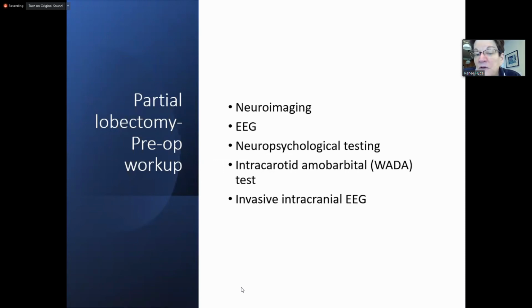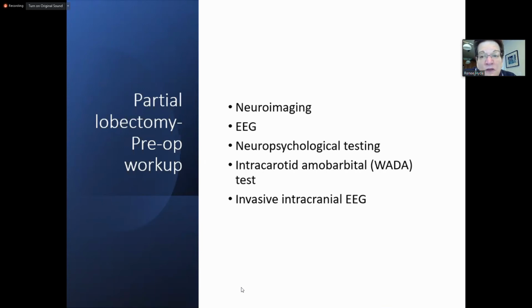So what they do is they paralyze that right side of the brain and have patients read or talk. And if they can still talk, then that means they're left dominant. Whenever they paralyze the left side, they're not able to speak. And so if they have their seizure focus near that speech area, they may not be able to do the surgery because they would not be able to talk afterwards.